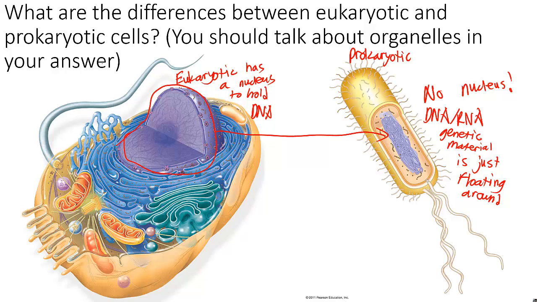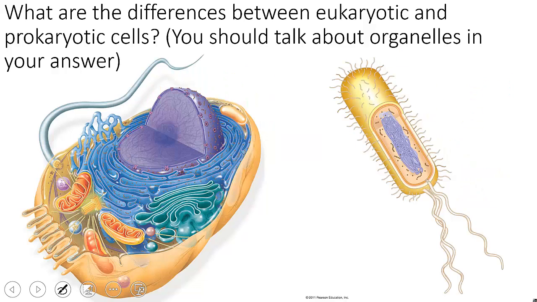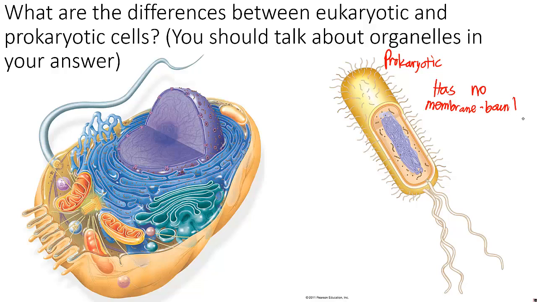The third difference is the prokaryotic cell has no membrane bound organelles. All that means is if you look in a prokaryotic cell, there's just basically two things, right? There's these little dots and there's the DNA.